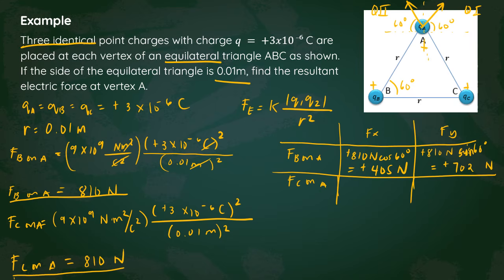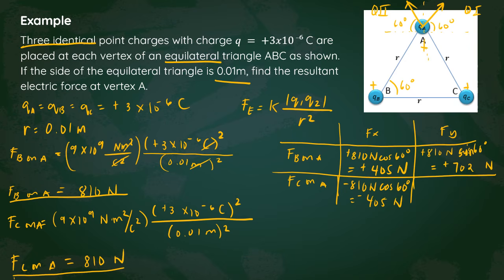For force C on A, if we look at it, your x component is in quadrant 2. Therefore, it's negative 810 newtons cosine 60 degrees, and that is negative 405 newtons.